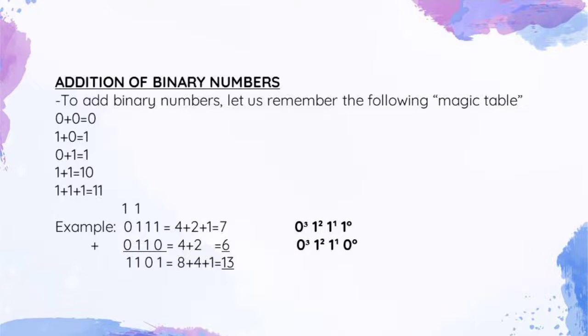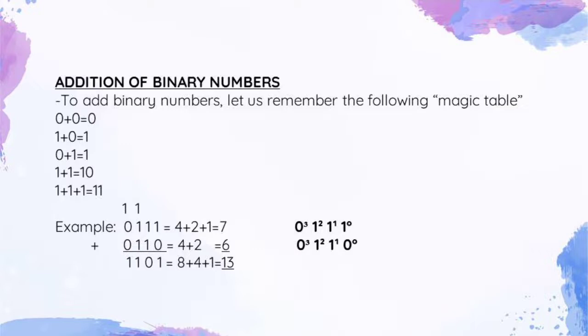So here is an example of adding binary numbers. The example is 0111 plus 0110. First, we solve the first column, which is 1 plus 0. 1 plus 0 in the magic table is 1. Next, in the second column, we have 1 plus 1. 1 plus 1 in the magic table is 10, so we carry the 1.